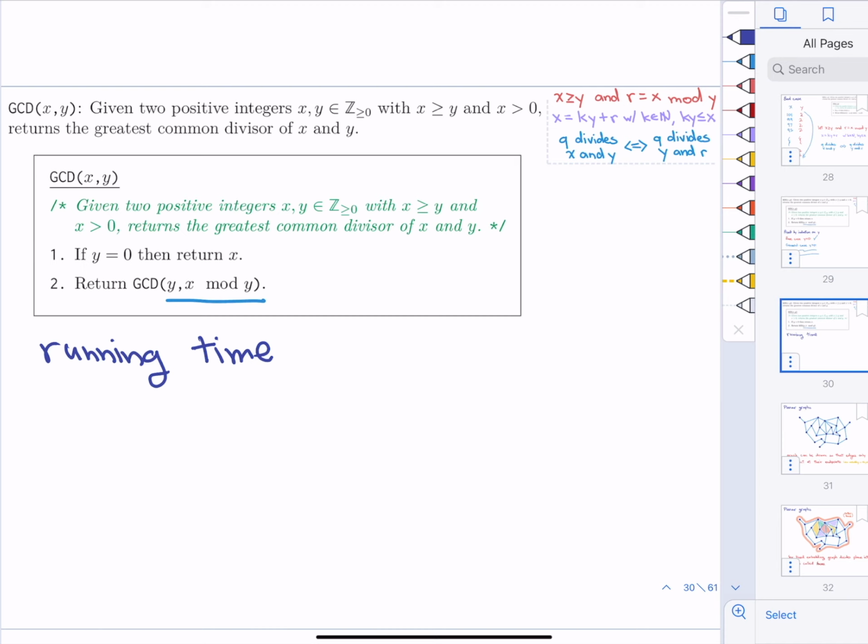Okay, but why? So if the answer is something like log of x plus y, or log x, something needs to be going down by a constant factor. Binary search, or the over-under game, got us a log time. That's because we're eliminating half of the options each iteration, right? We were chopping off a lot of stuff. So we need to find something like that here.